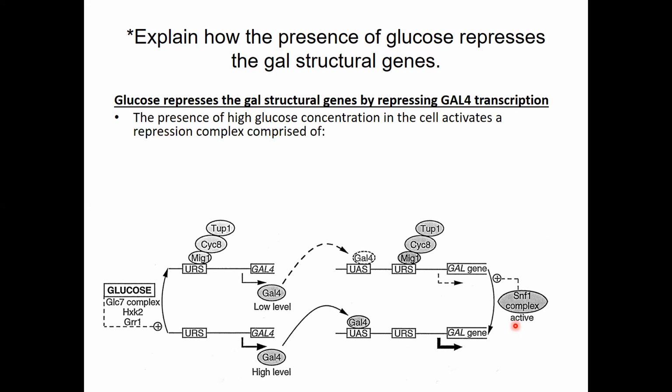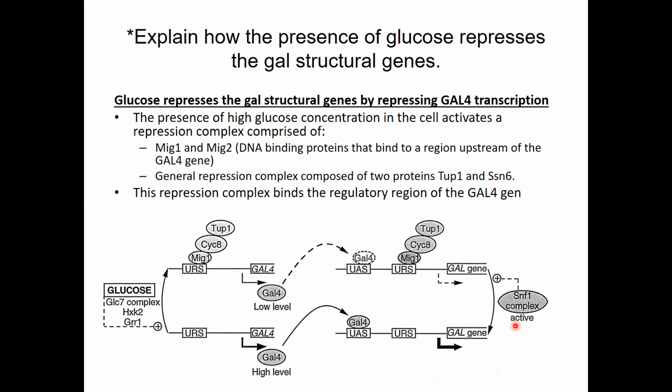Essentially, if you have a high glucose concentration, the cell activates a repression complex comprised of MIG1 and MIG2, DNA binding proteins. So these two are DNA binding proteins that bind to a region upstream of the gal4 gene.